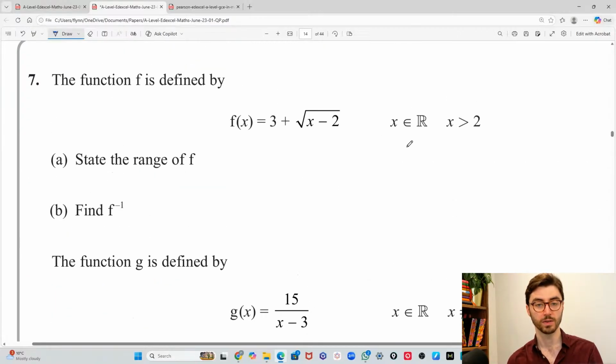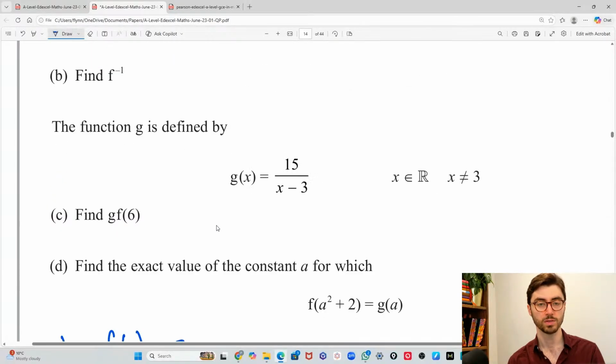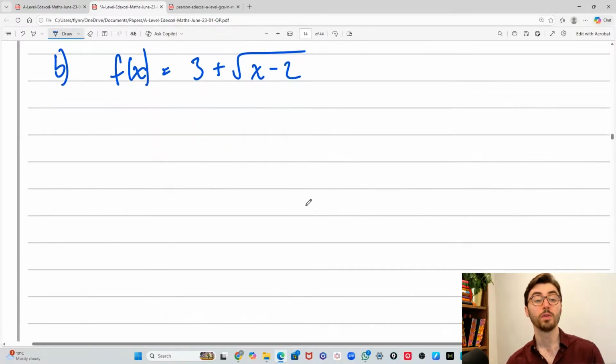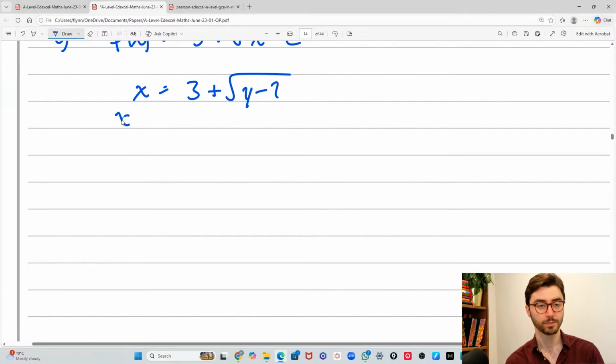All right, find the inverse. Well, if f of x is equal to 3 plus the root of x minus 2, the way to find the inverse is to swap around the x and the y. So instead of saying y equals this thing, we will say x equals 3 plus root of y minus 2, and then make y the subject of the formula.